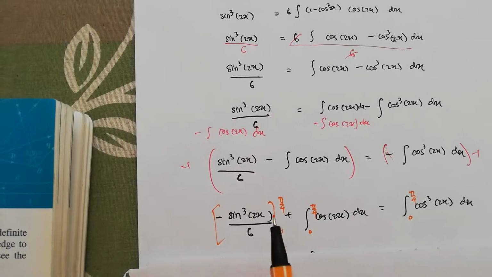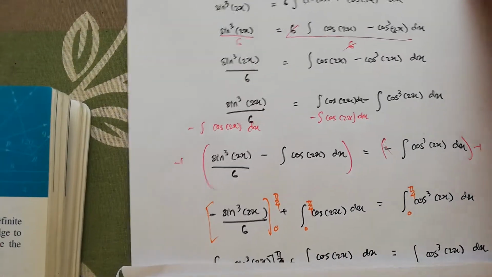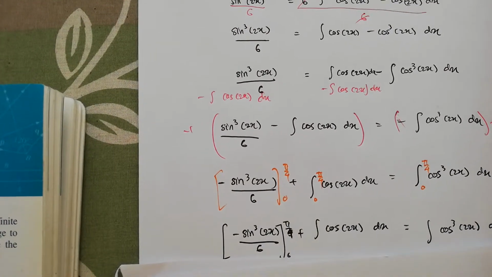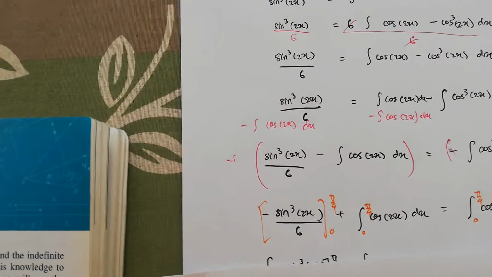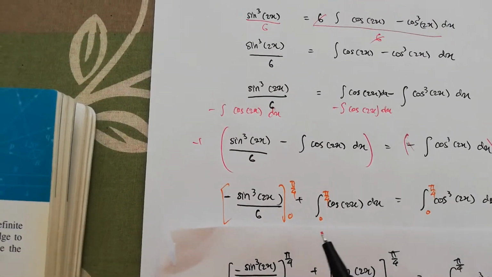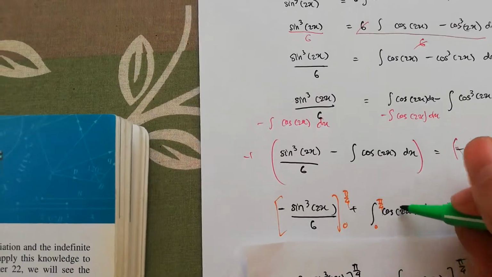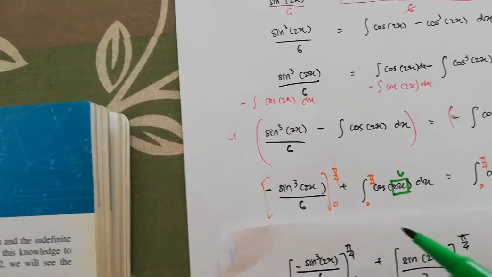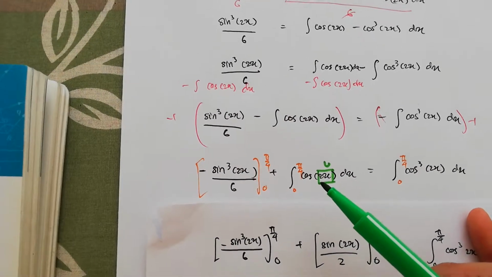This one here is an integration, so you need to integrate that. Integration of cosine is sine, but this is u. Cosine 2x, cosine u, you get sine u.